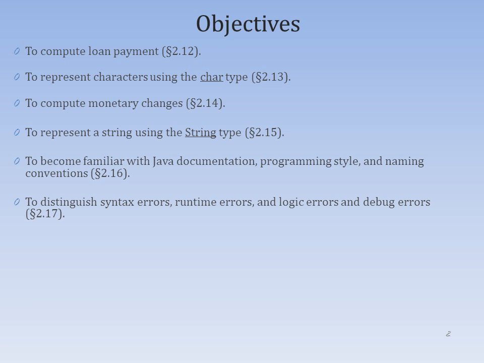4 are the integer data types, and 2 are the decimal or double and float types. That's 6. Character is 7. And in a lesson or two, we will learn about the Boolean data type. Okay?